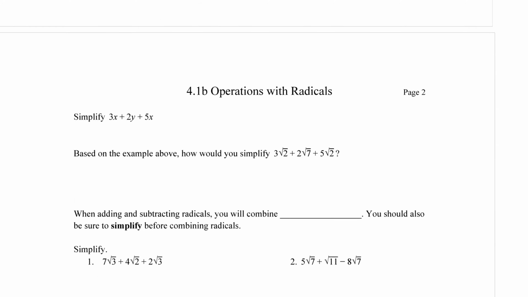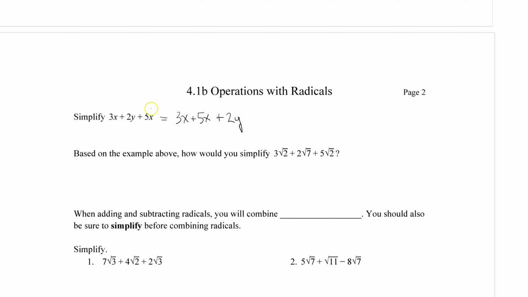Okay, take for example, the idea of adding and subtracting radical expressions is very similar to adding and subtracting like terms. You can only combine them if they are like terms. So if you take 3x plus 2y plus 5x, that's the same as 3x plus 5x plus 2y.